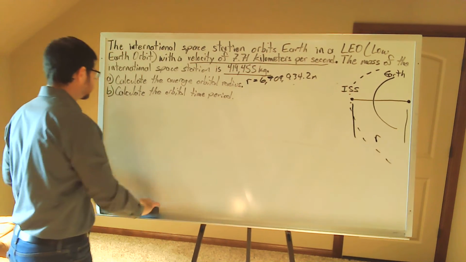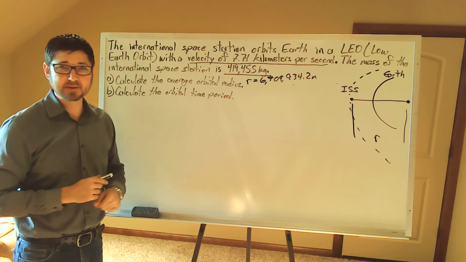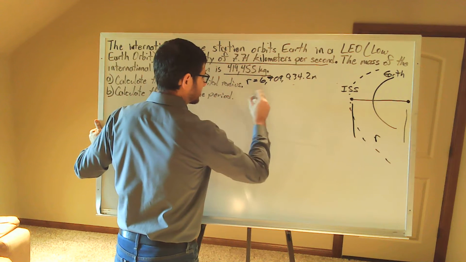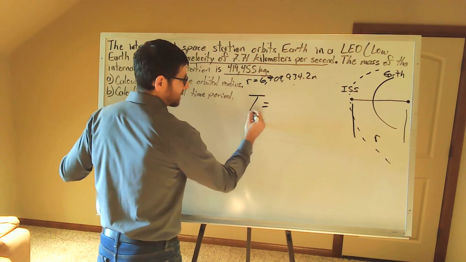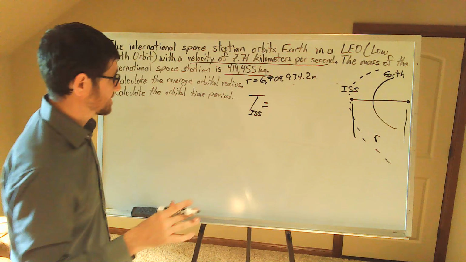Okay, part B wants us to calculate the orbital time period. So we're going to use the equation: orbital time period, and I'm going to use a subscript ISS to represent the International Space Station.